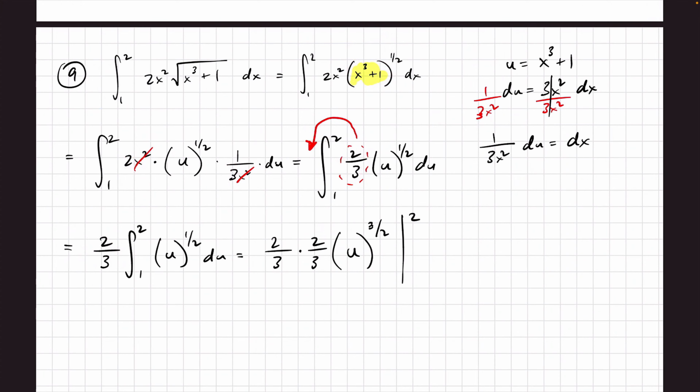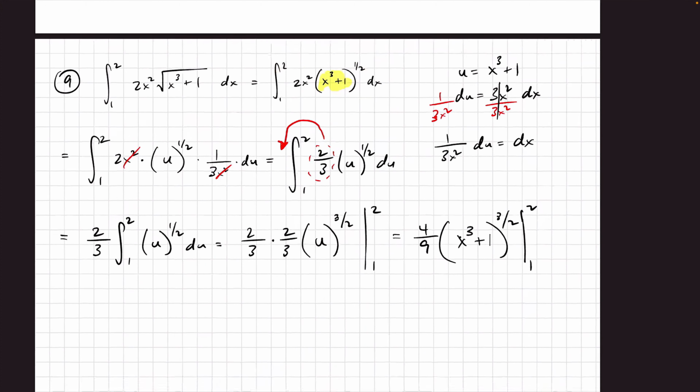And then I have to evaluate it from 1 to 2. So 2/3 times 2/3 is 4/9. And then U is x cubed plus 1 to the 3 over 2 power, evaluated from 1 to 2. Okay? Plug in 2 for x, plug in 1 for x, simplify as far as you can, and you're done.